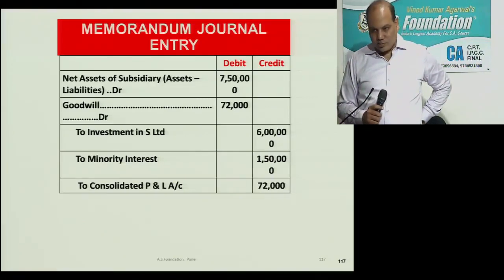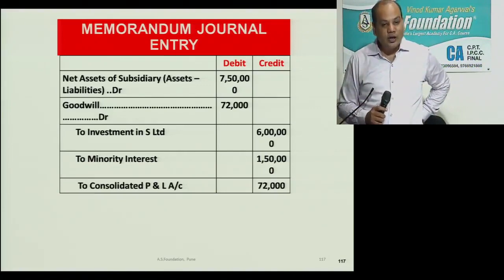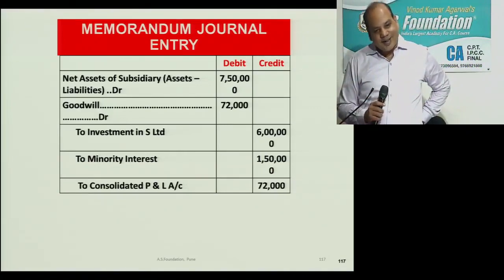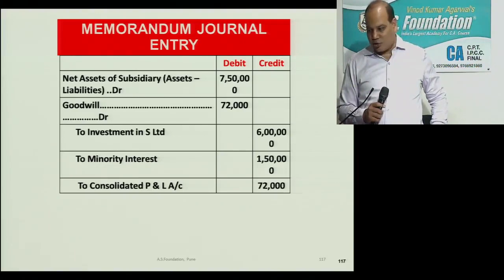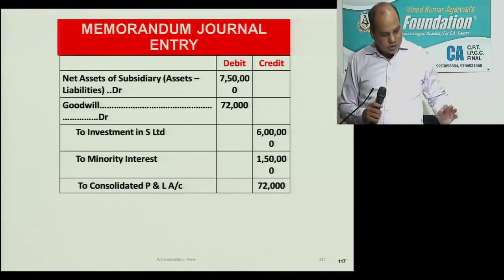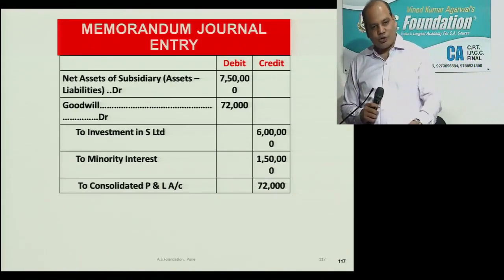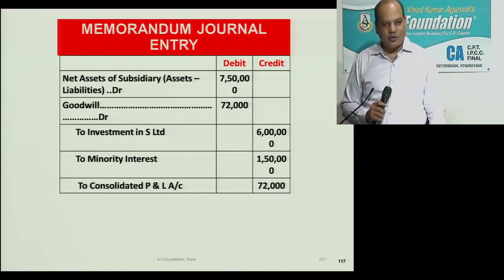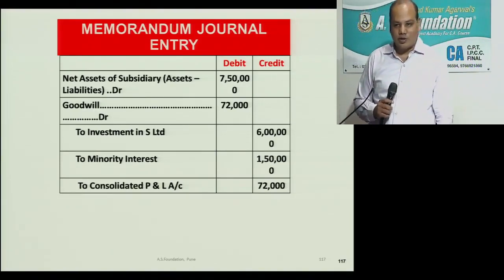In this problem, since there is a post acquisition profit also, I will also credit the consolidated P&L account 72,000. Now from where did you get this number 72,000? It is 80% of post acquisition profit 90,000, already calculated in one earlier working note.